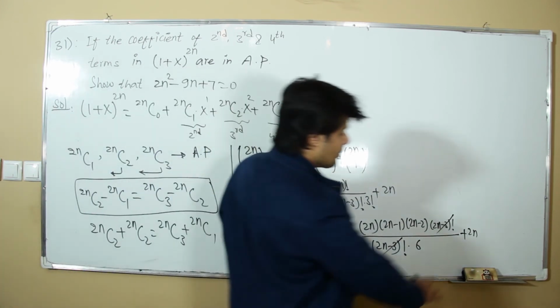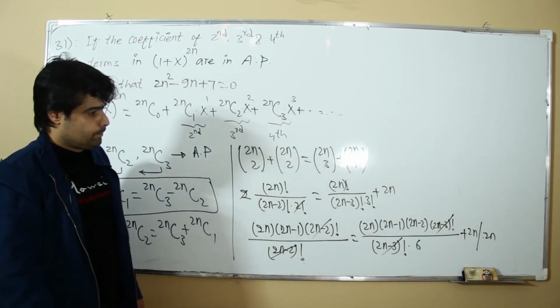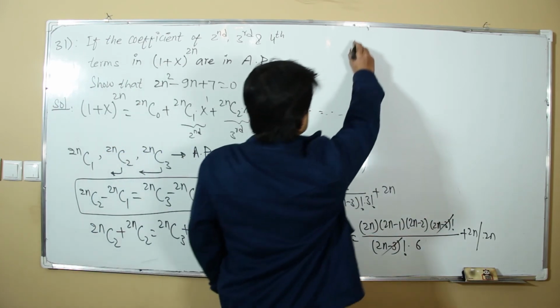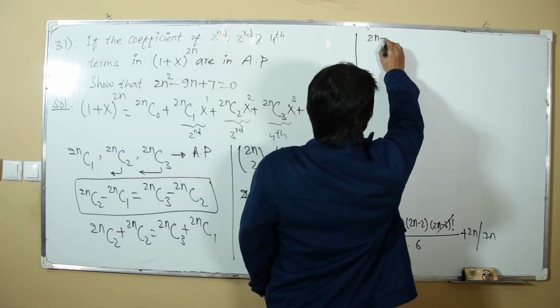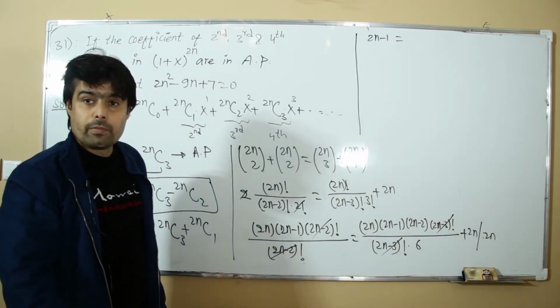If you divide all sides by 2n, this 2n is cancelled. We have 2n minus 1 is equal, am I right?